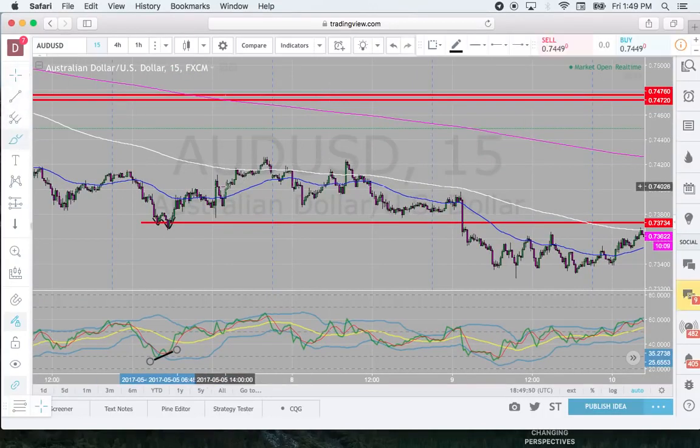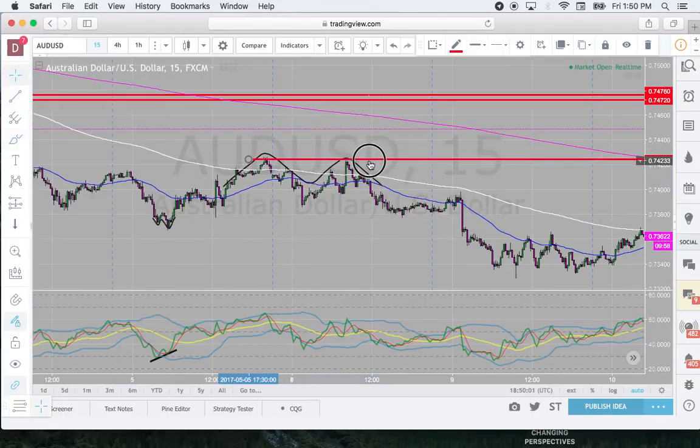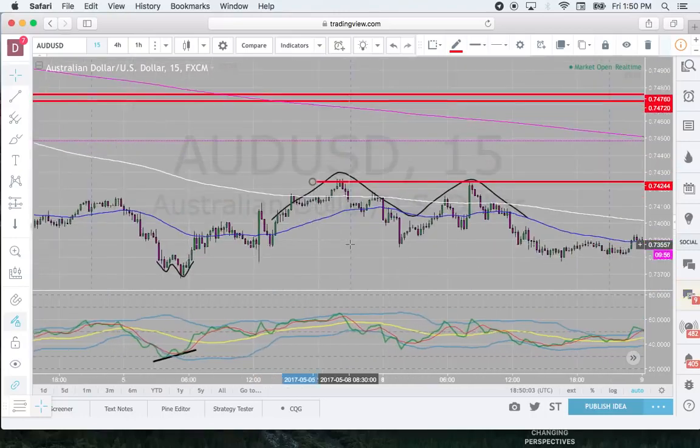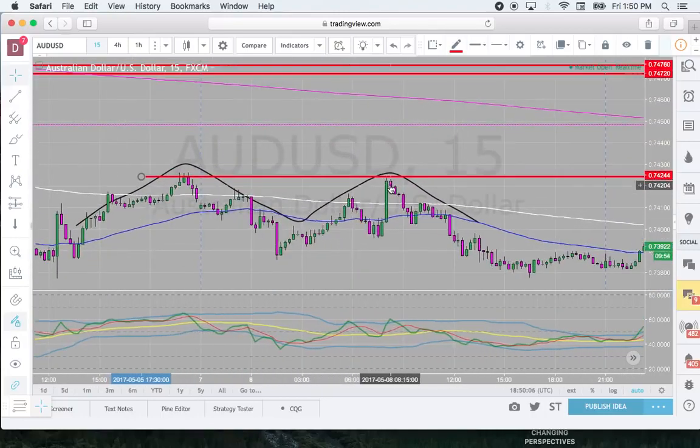I really hope so. Here's a big fat M. We can see it off of the high. This is what we're trading. Second leg M or W. You could have caught it right there.